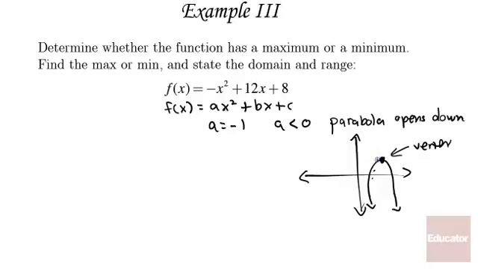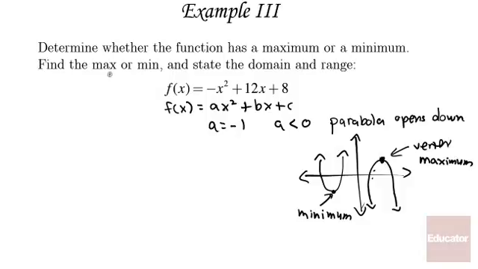So here, the vertex is a maximum value. Doesn't get any larger. If this were to open upward, then the vertex would be a minimum value. Okay, so here the parabola opens downward. My vertex is a maximum.